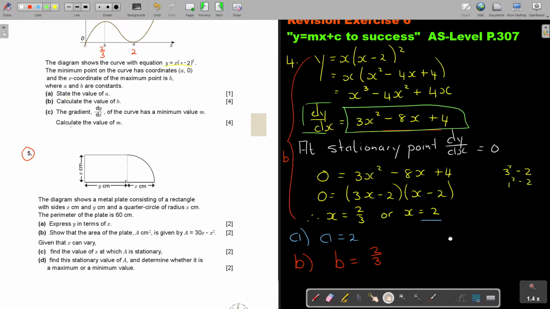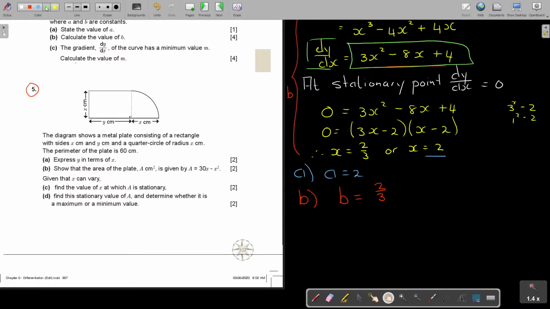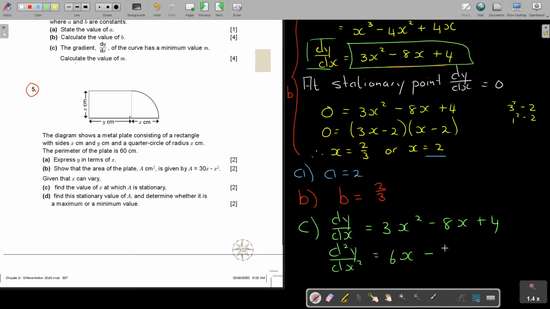So I'm going to take this formula now, dy over dx, but I'm going to differentiate it again. It's now, as I said, my new curve. So if I differentiate it again, I'm going to write it as d squared y over dx squared. And if I differentiate again, I get 6x minus 8.